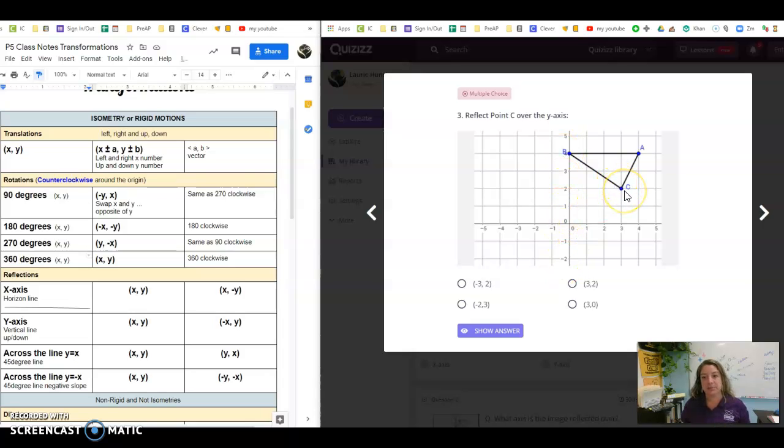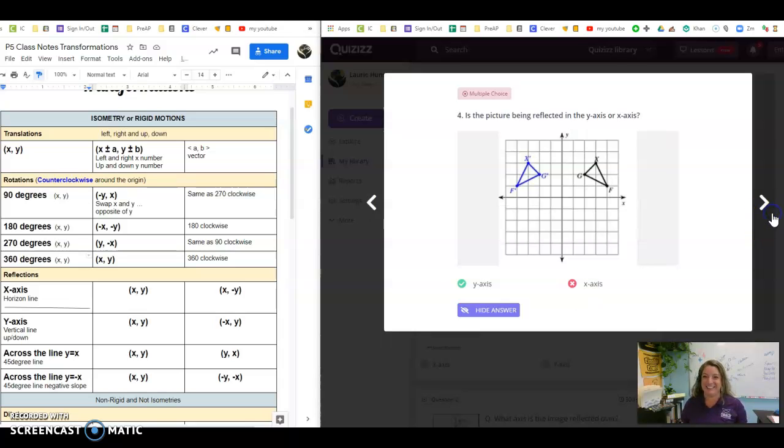The coordinates of this point are (3, 2), and if I look at my transformation table for the y-axis, it's going to be the opposite of x and then regular y. So instead of a positive 3, it's going to be a negative 3, and I'm going to keep the y value the same. So negative 3, positive 2. This one is going to be right here. Oh, we got that right.